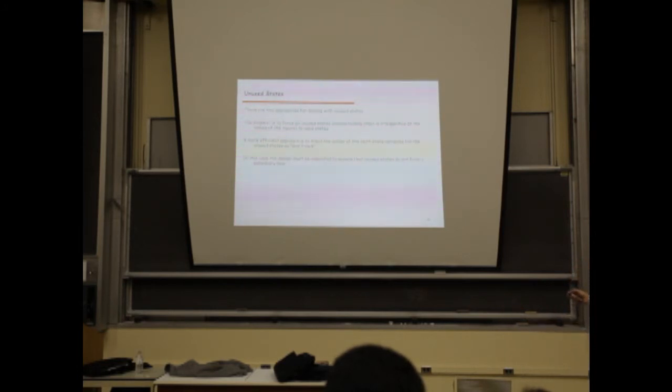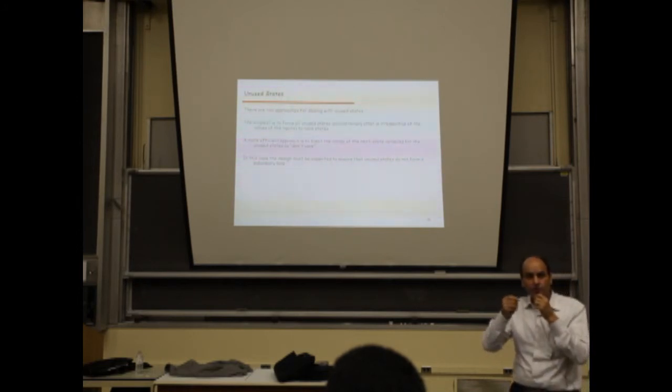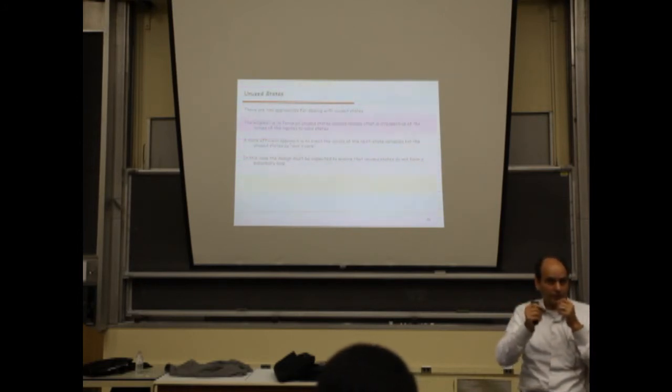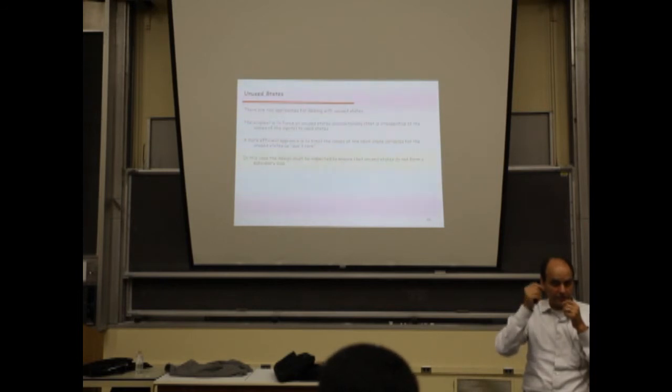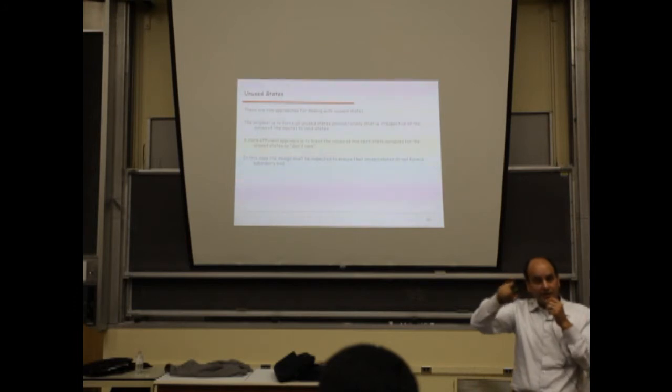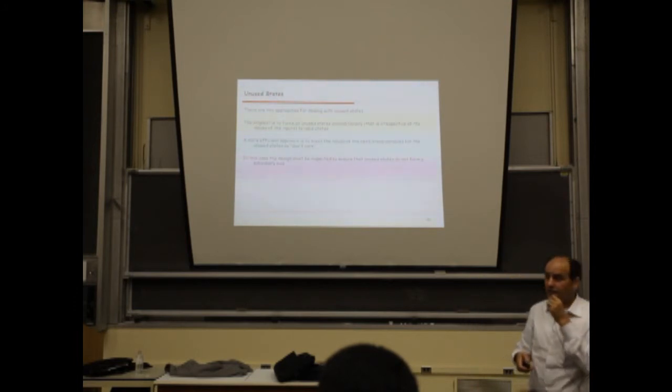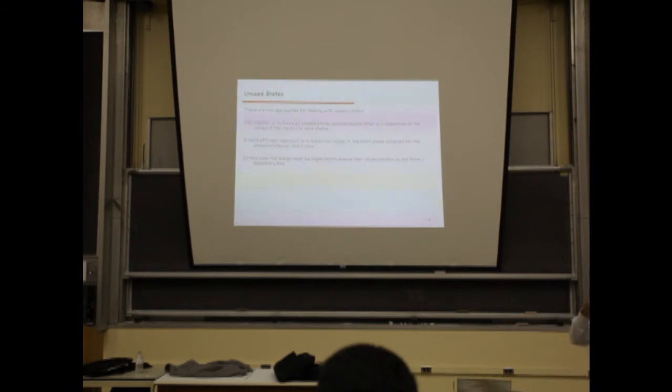The simplest is to force, when you design the circuit, all states to have some values. So don't consider them to be don't care, give them some values, which means whenever you have an unused state, make sure that the next state for that unused state is a used state, okay? So, for instance, we determine that D is an unused state.